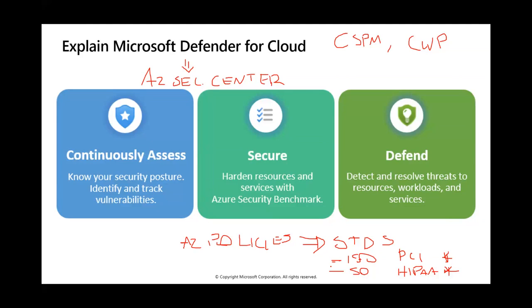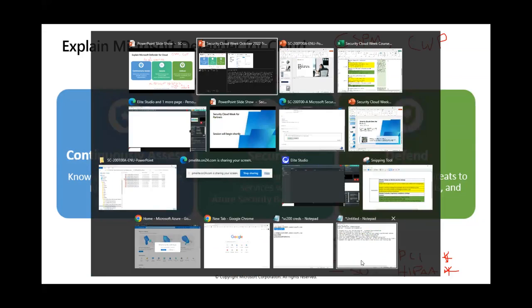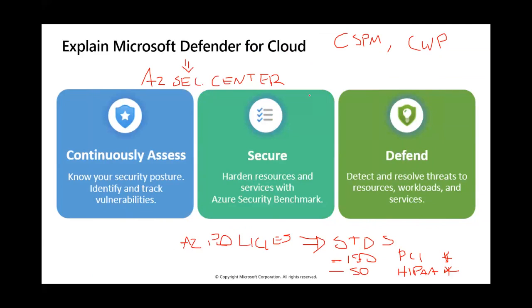And if I have non-compliant resources under my one or multiple subscriptions, of course my overall security score will never reach 100%. So I will see something different. So that is how it works.